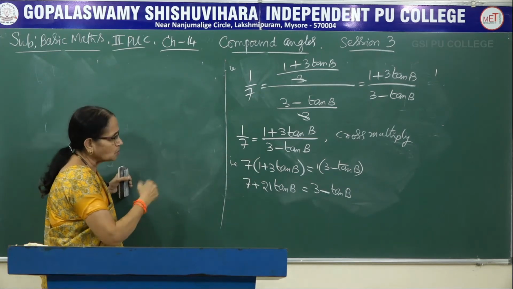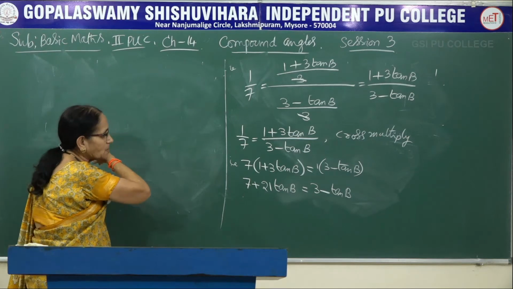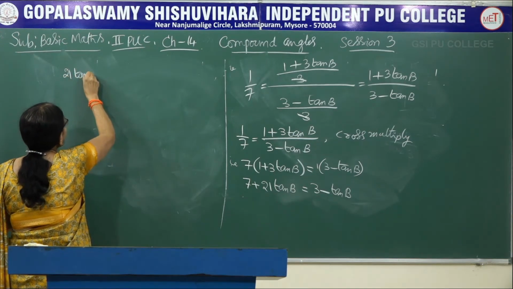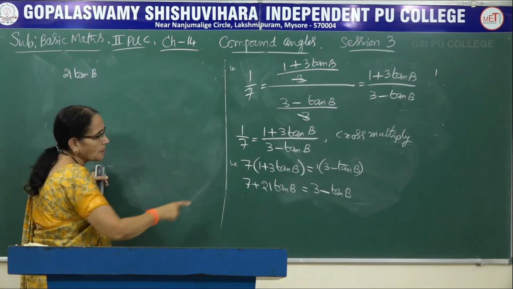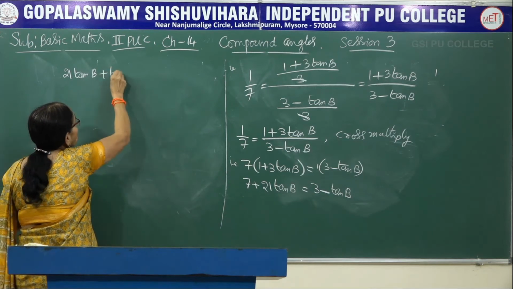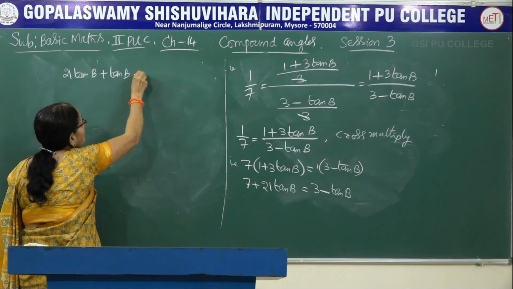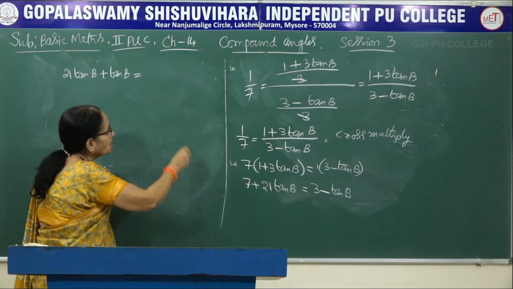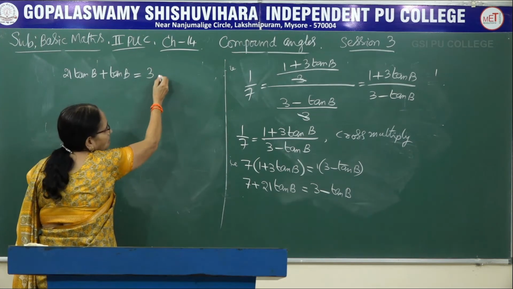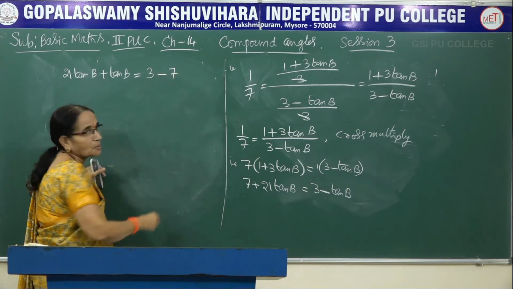So, take tan B on one side, the numbers on the other side. That is 21 tan B. Right hand side we are having minus tan B. When you take it to the left hand side, it becomes plus tan B. Similarly, 3 is on the right hand side. Take 7 to the right hand side, it becomes minus 7.